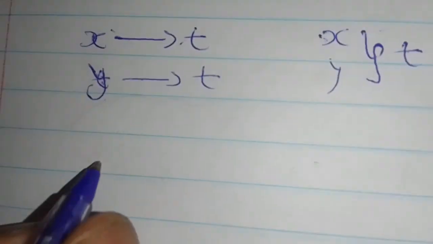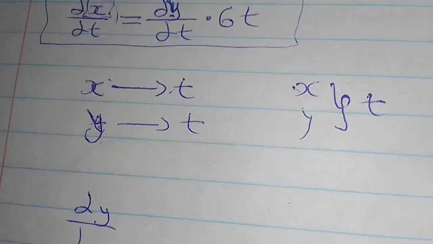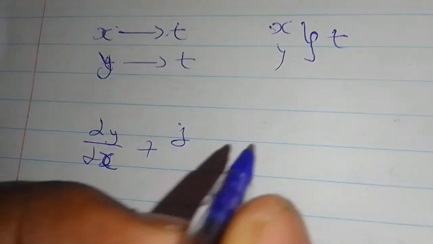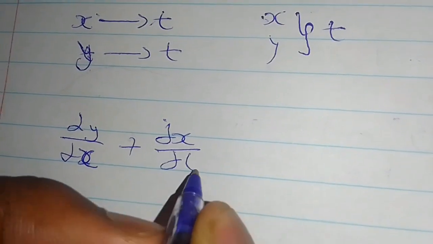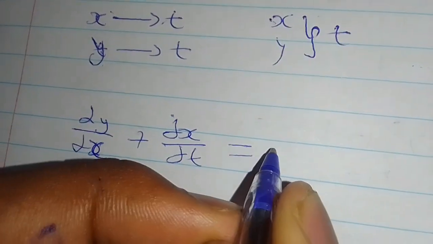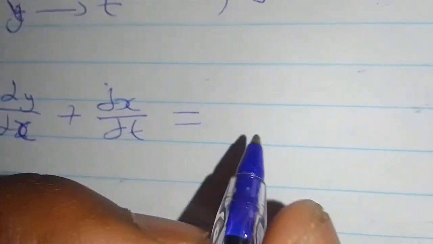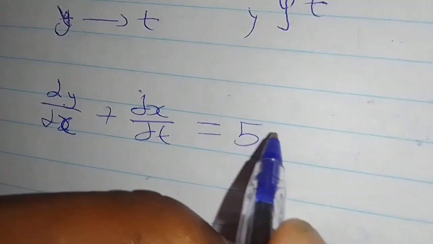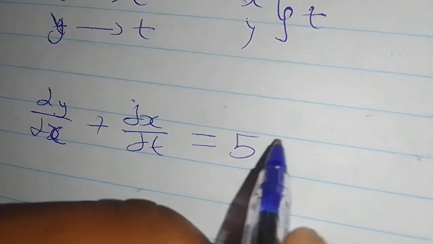But now let's say we have dy/dx plus dx/dt. It doesn't really matter what it's equal to. Let's say maybe it's some constant 5.